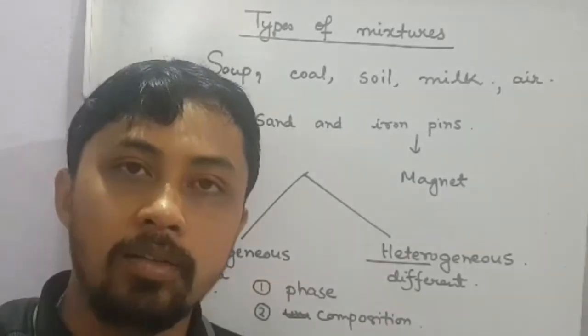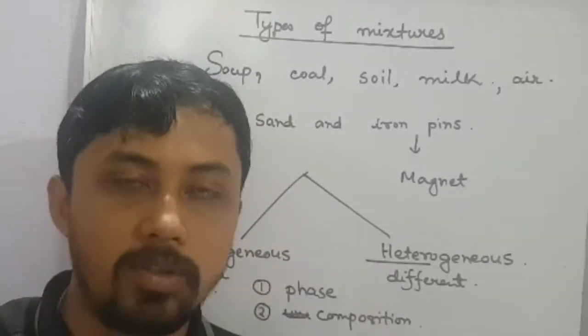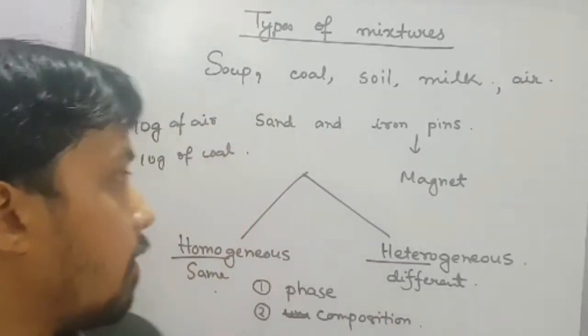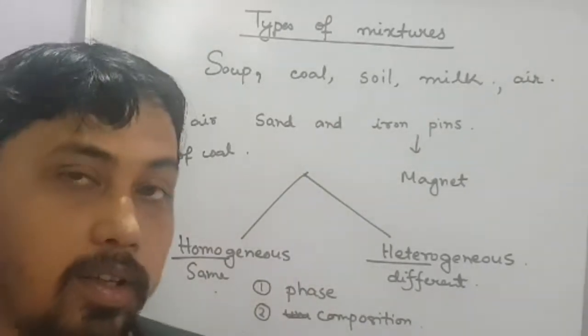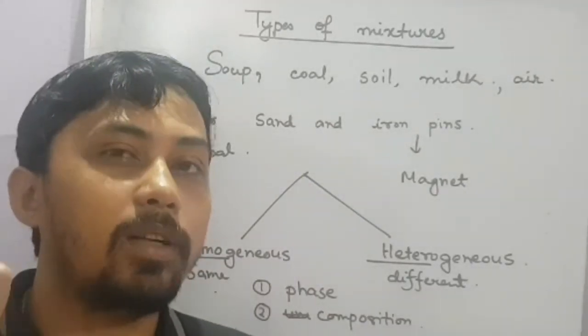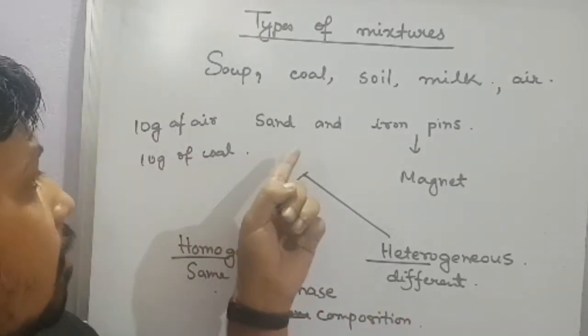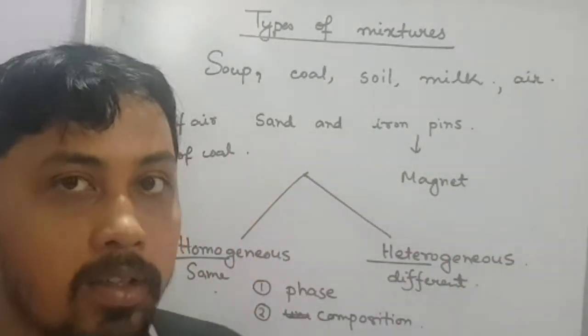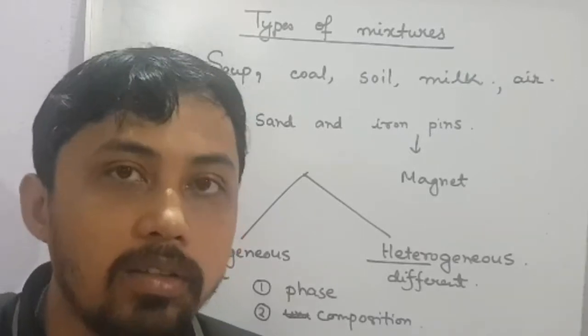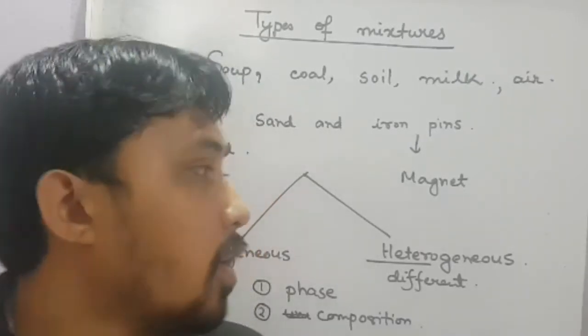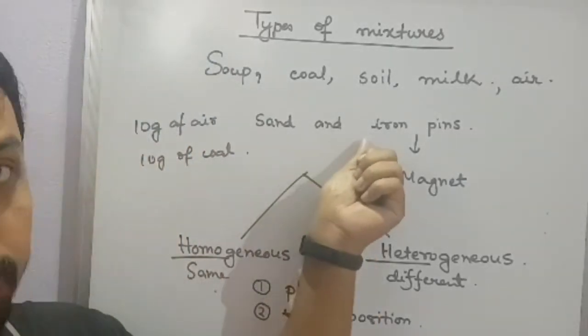In all the parts, the composition is going to be the same. Same amount of oxygen, same amount of hydrogen, like that. But if I take 10 gram of coal, think about it, is the composition the same? No, right? If I take 10 gram of sand and iron beans, sometimes you may have one iron bean in the 10 gram, but in another 10 gram you may have 10 iron beans, right? The composition is different in this case, right?